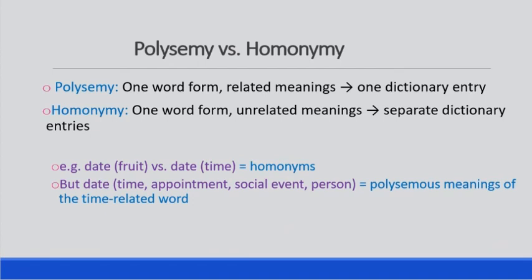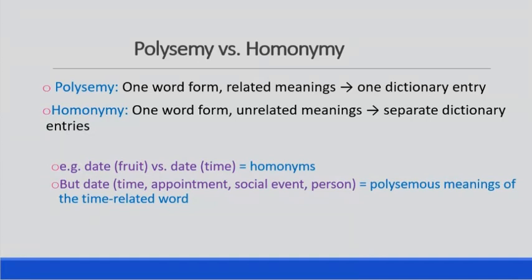Polysemy versus homonymy. Okay, so polysemy is one word form with related meanings, using one dictionary entry, and homonymy is one word form with unrelated meanings, with a separate dictionary entry.